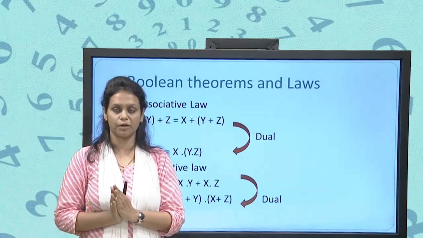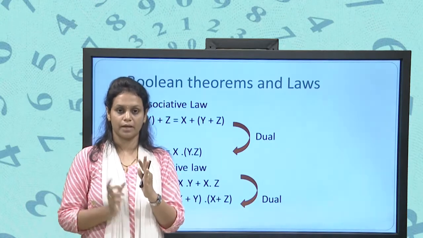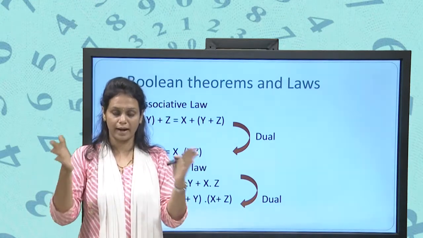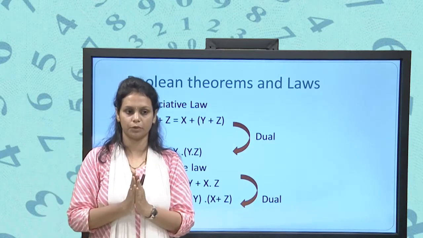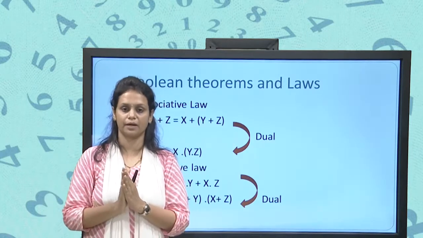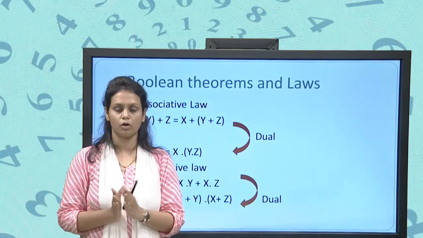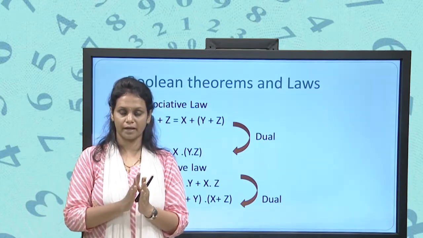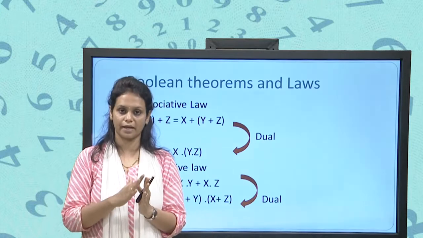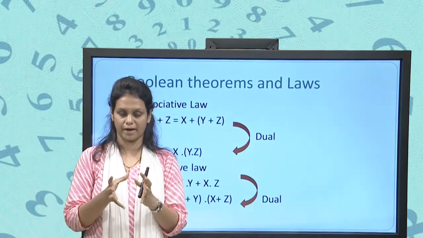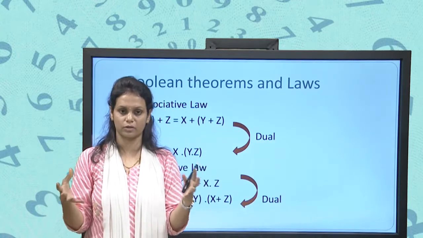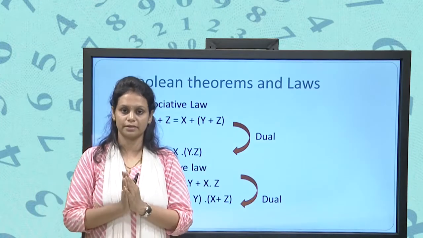That means first we multiply a with b, a with c, and then we add these. Suppose our input is a cross, in the bracket, b plus c. First we multiply a with b, then we multiply a with c, and then we add those outputs. This is known as the distributive law.